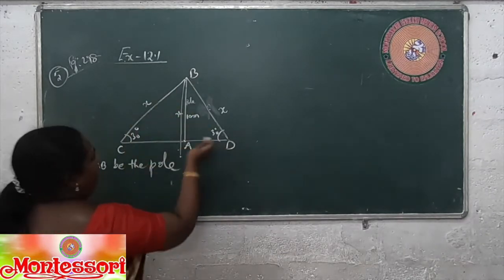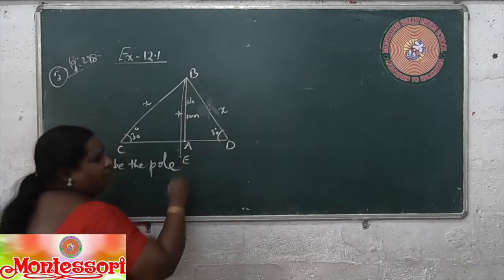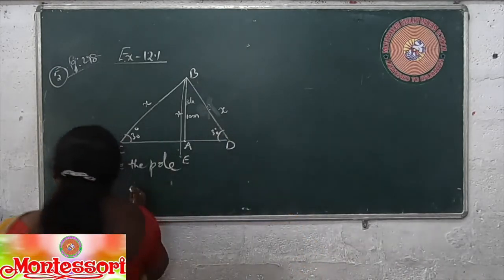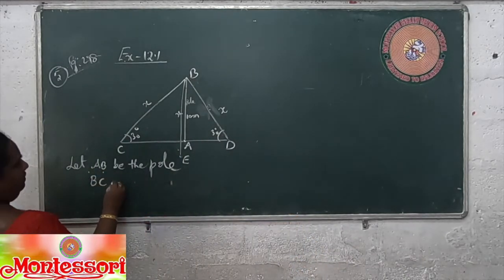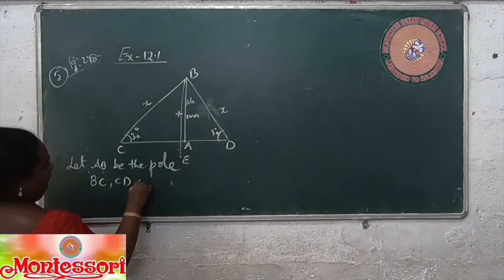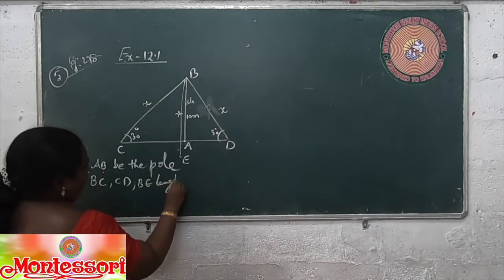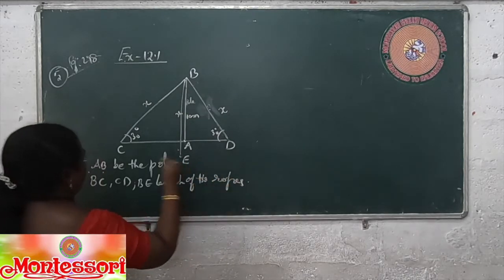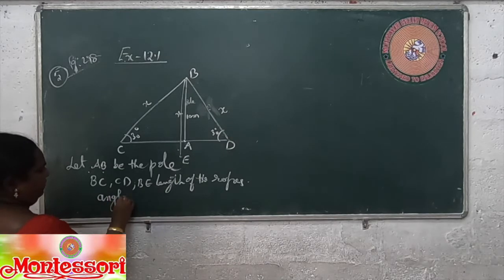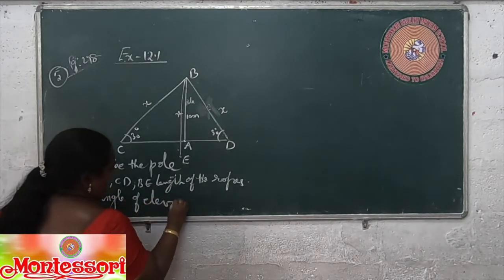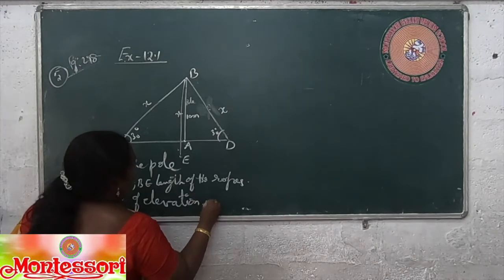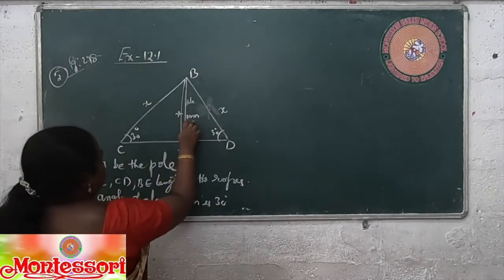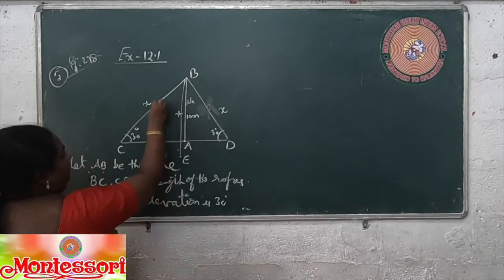BC, BD and BE are the lengths of the ropes. Angle of elevation is 30 degrees. Now see children, I have the opposite side and I want the hypotenuse here.